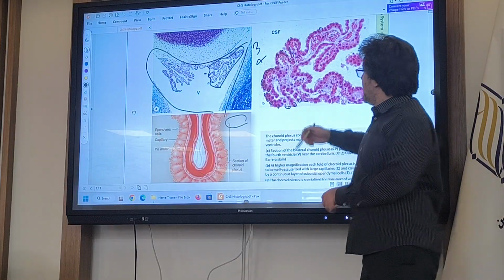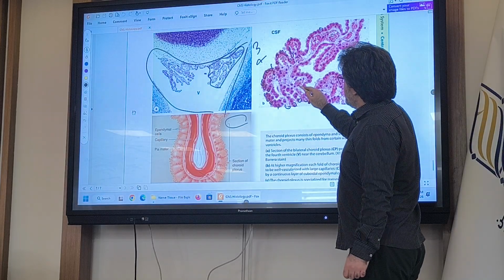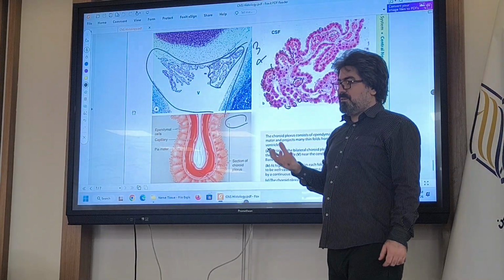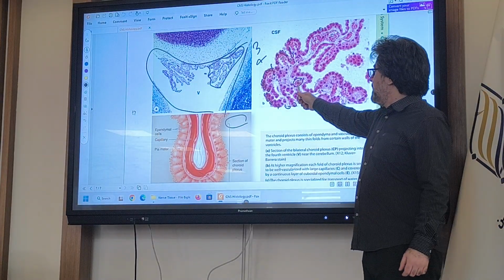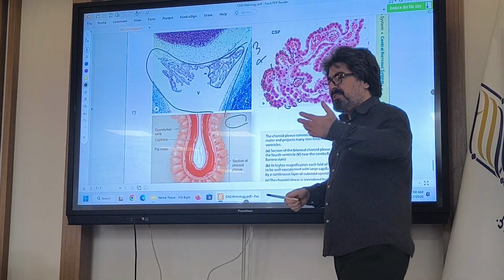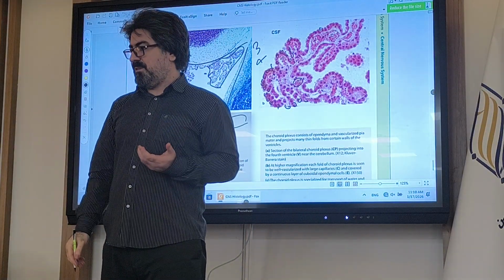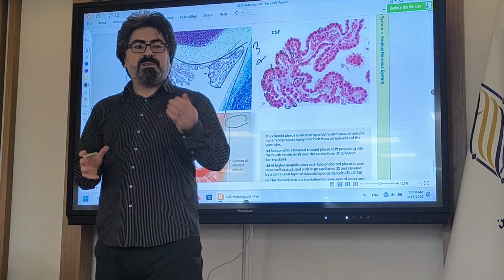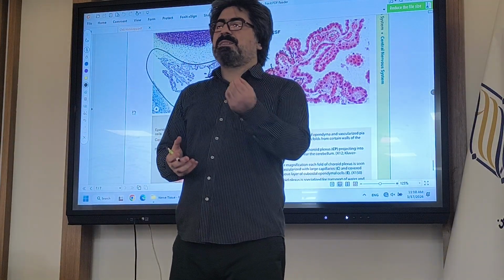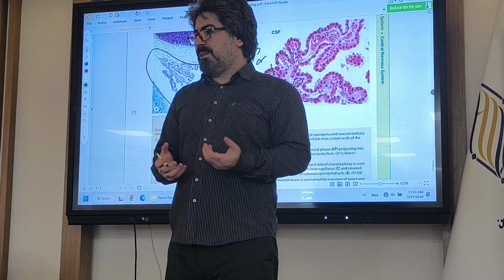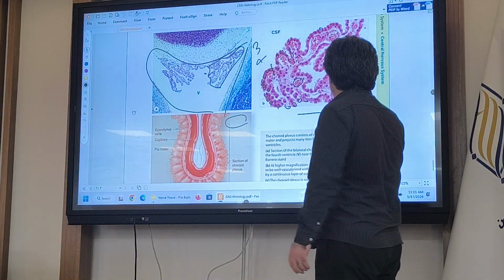Okay, and within the choroid plexus, this part, we can see several capillaries, large capillaries. These capillaries. This is a unique type of capillaries known as fenestrated capillaries. There are different types of capillaries within the body. One type is known as fenestrated capillaries. Capillaries with some fenestration. For example, imagine that this is a capillary.